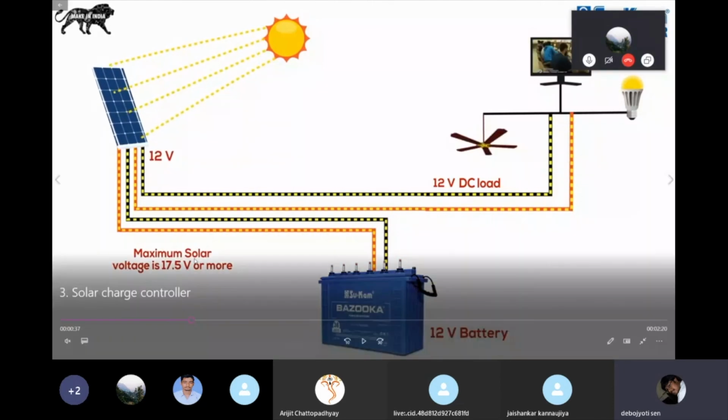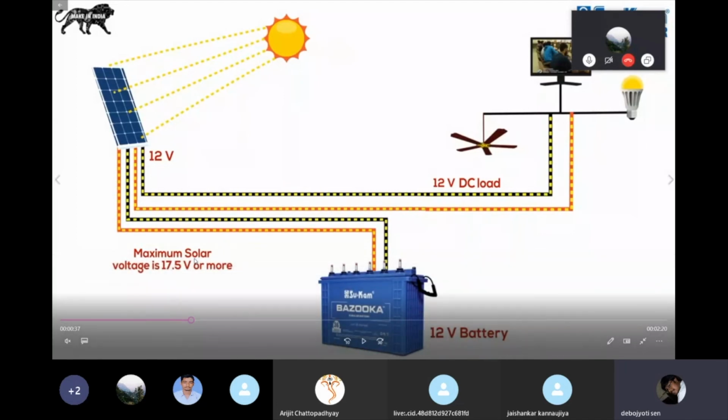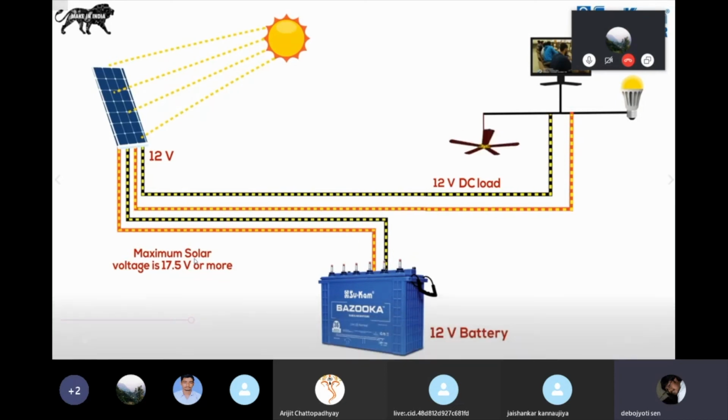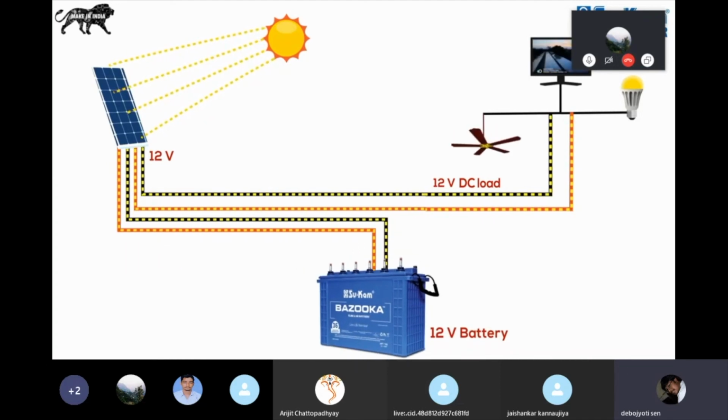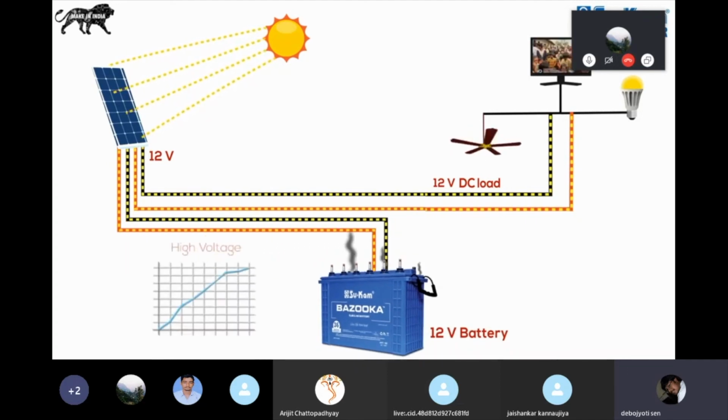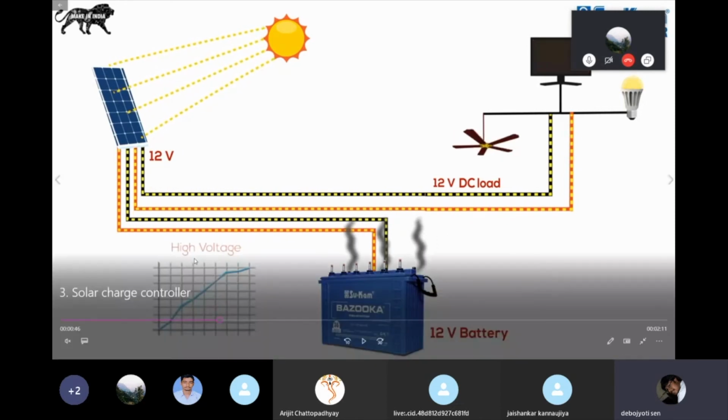If you look at the VMP curve, you will see that the maximum solar voltage of a 12-volt panel is 17.5 volts or more, much more than the battery voltage. So it will put the whole voltage into the battery, the battery will see a high voltage, and ultimately it would get damaged.